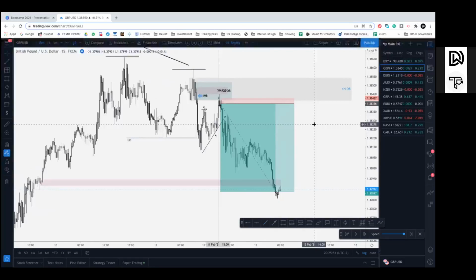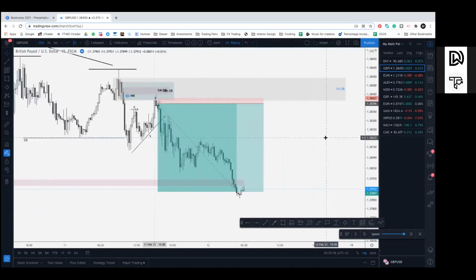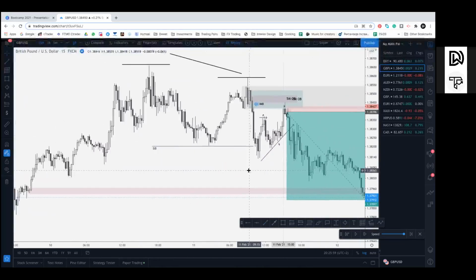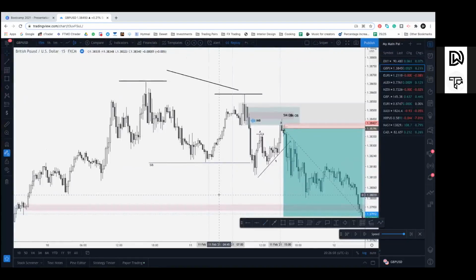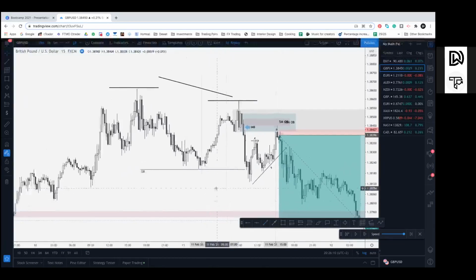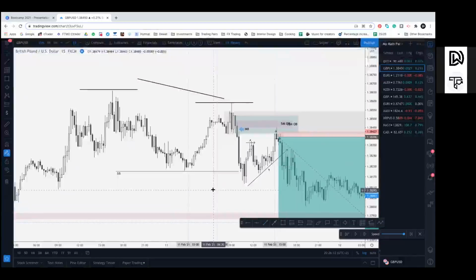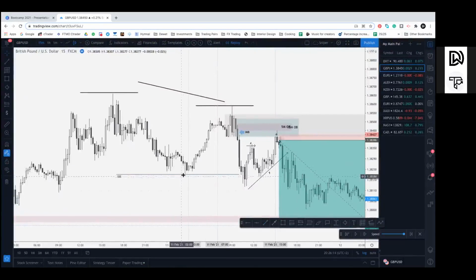Bastian, can you just draw the Asian range on this one, please? Yes, of course. The Asian range, we have 7 and 3. Initially, I think I spoke about this in the morning analysis as well. I said that we have a trending Asian range pushing towards the upside, and we can potentially see a pullback into this area and then a continuation towards the upside.